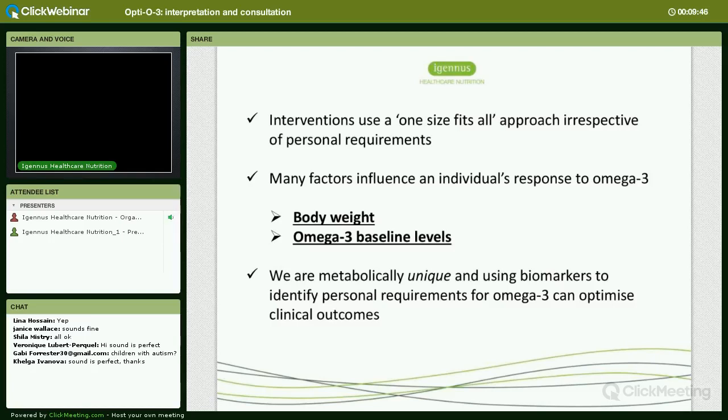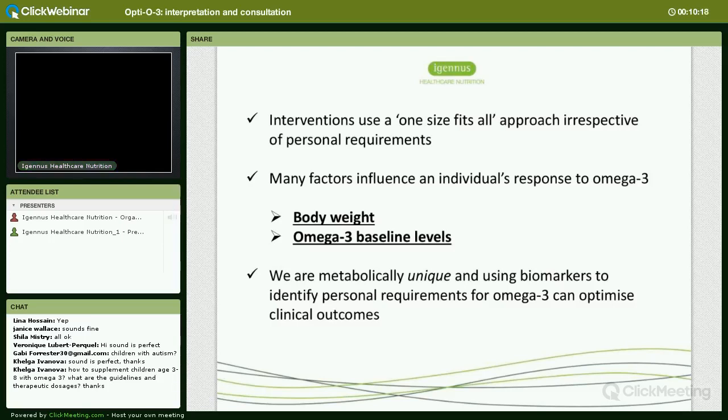What we do know is that the two major variables are body weight and omega-3 baseline levels, so our starting omega-3 levels. And I've already mentioned that many of us are not consuming adequate amounts of omega-3, so not surprisingly, many of us have very low omega-3 baseline levels.